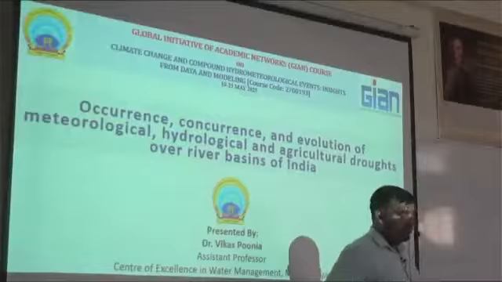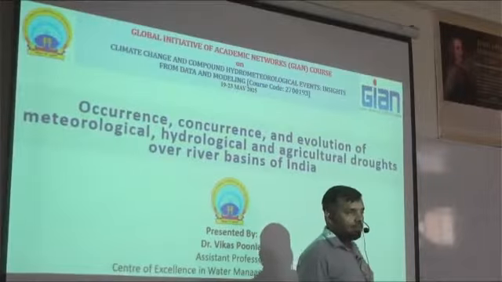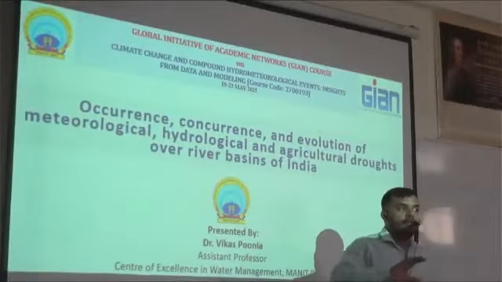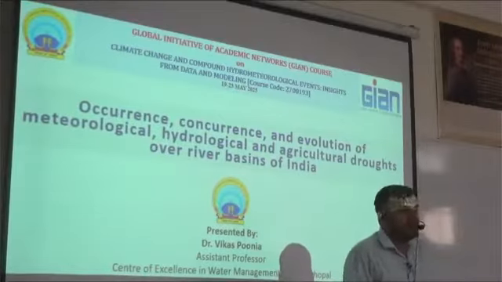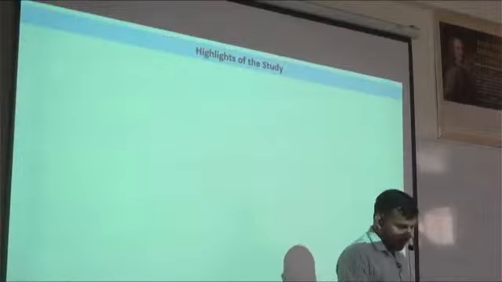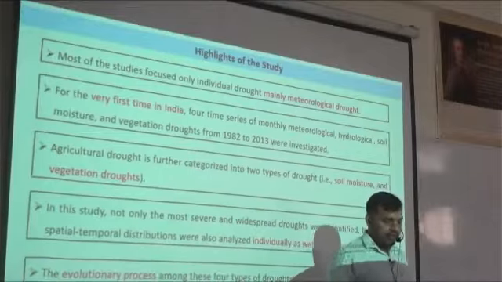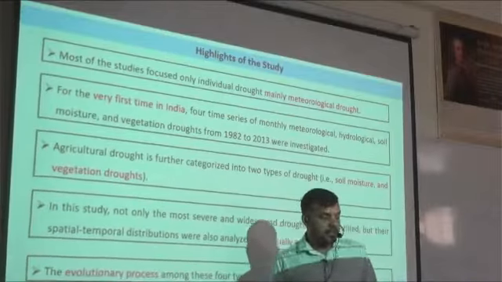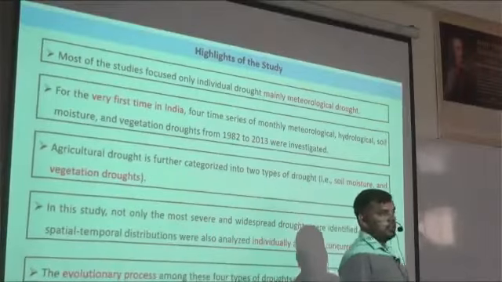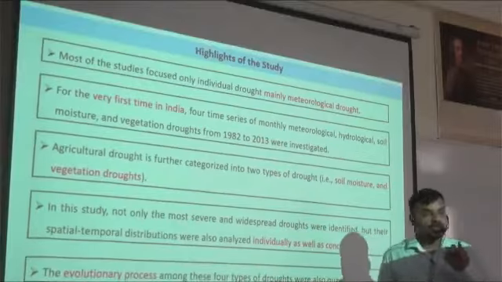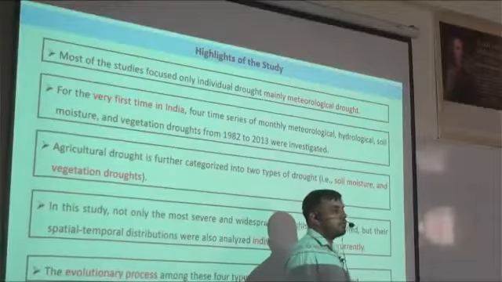So in this study we have calculated meteorological, hydrological and agricultural drought. However, agricultural drought we have further subclassified into two types, known as soil moisture drought and vegetation drought. So let's discuss. I already told that agricultural drought is further classified into two types, soil moisture and vegetation, so that we can define the agricultural drought based on soil moisture and also based on vegetation condition.